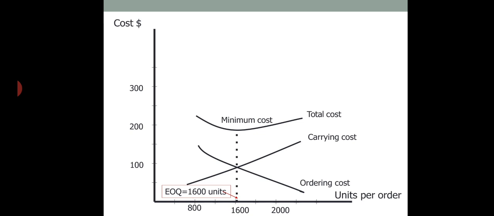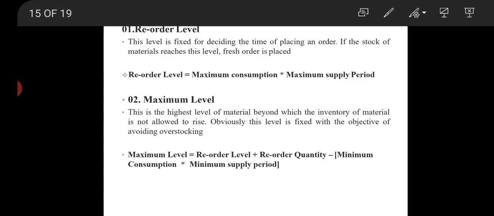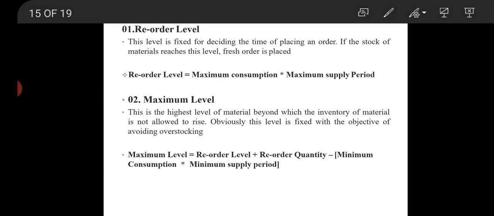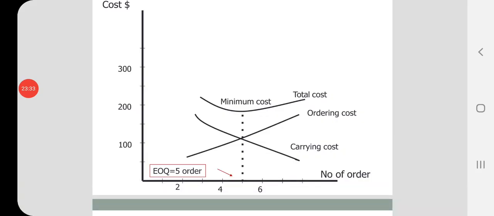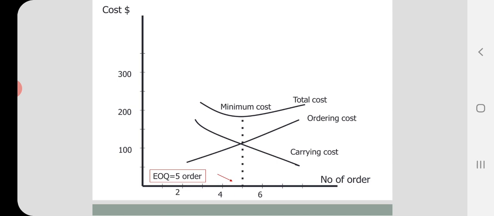And the next slide also shows a similar one. In this slide, the graph is related to the number of orders placed by the organization for a total of 8,000 units. If you are placing 5 orders in a year, the cost is also very minimum.